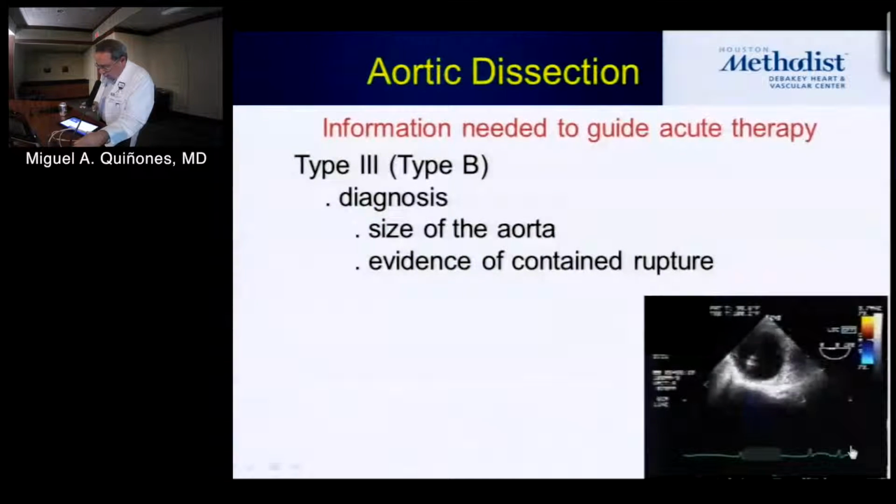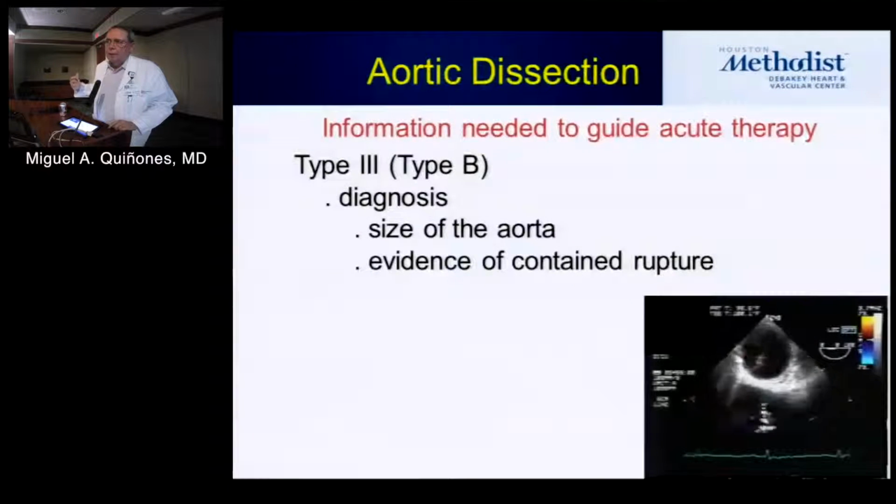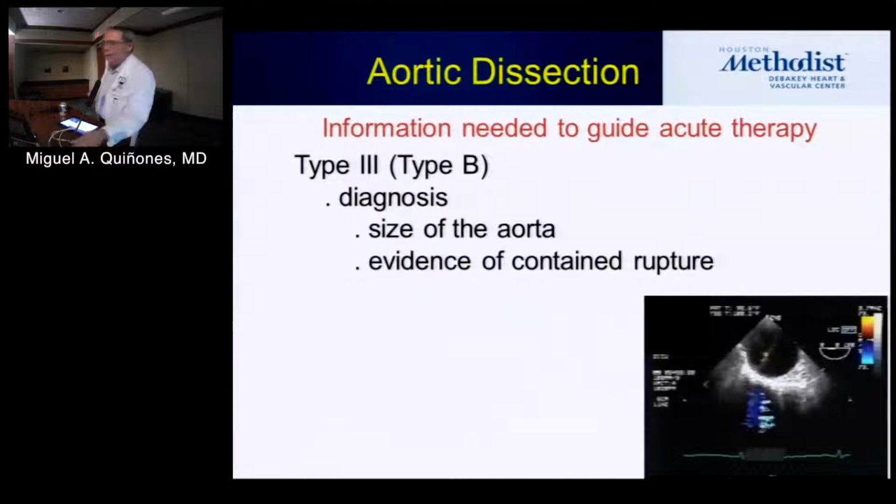Type 3 is, again, you make a diagnosis. Most of the time that's good enough for initiation of therapy, which is medical. And basically your concern now is for anything that may suggest that there is a rupture with a pseudoaneurysm and a false lumen formation, which, again, is not common, and patients usually have a fair amount of pain.